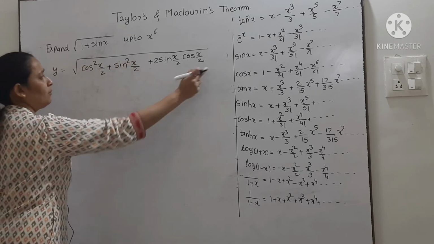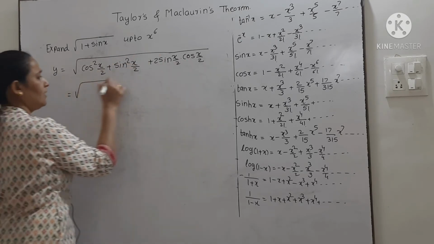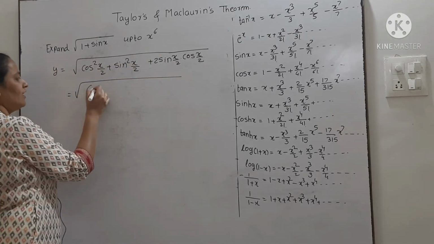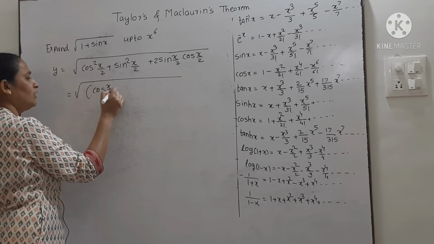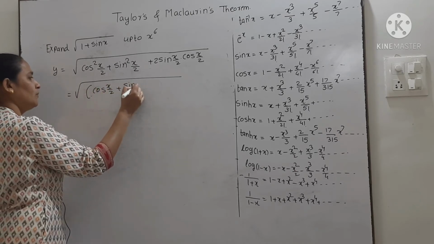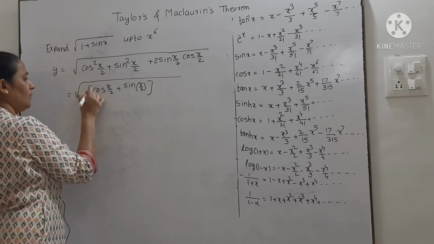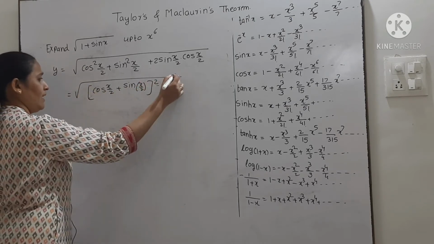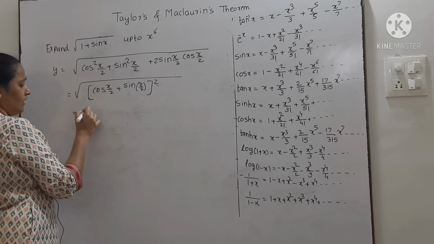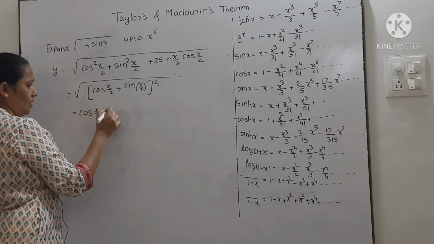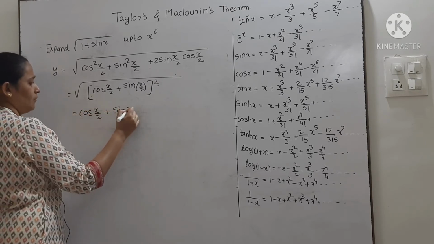And if you see this complete quantity, this is the perfect square of cos x by 2 plus sin x by 2, bracket square. This square and this square root will get cancelled. You will get cos x by 2 plus sin x by 2.